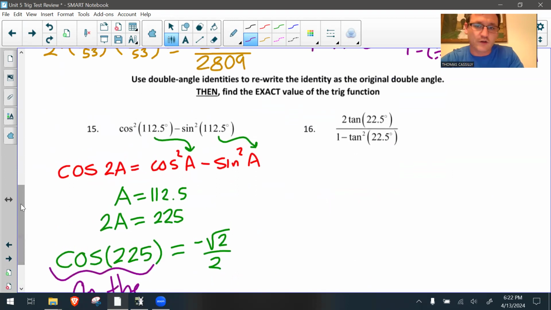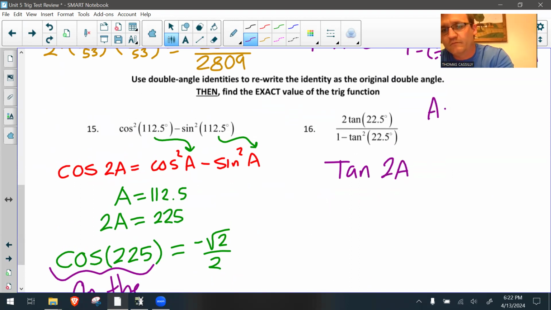This goes with the tangent. The tangent identity only has tangents in it. So this is the tangent of 2a here. So our a value is equal to 22.5. So 2a, well, what is that, 45? It's 45.